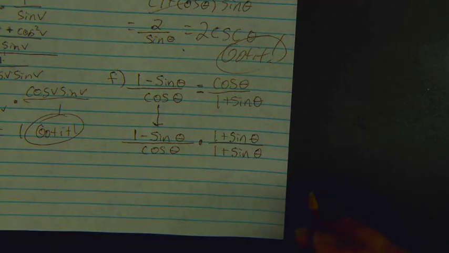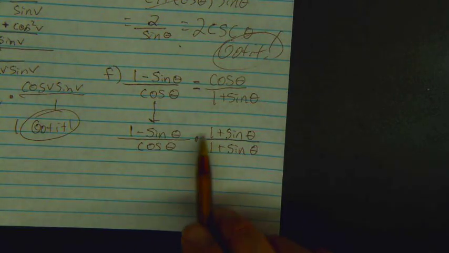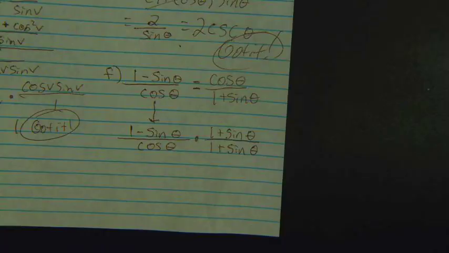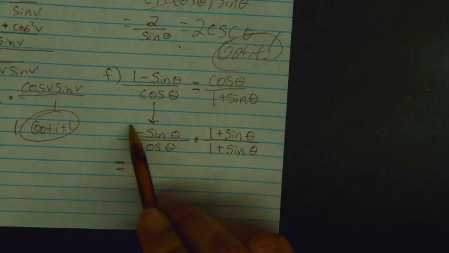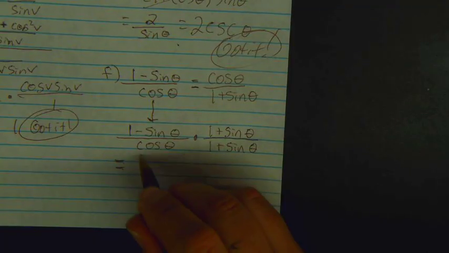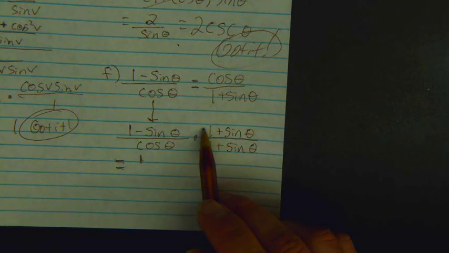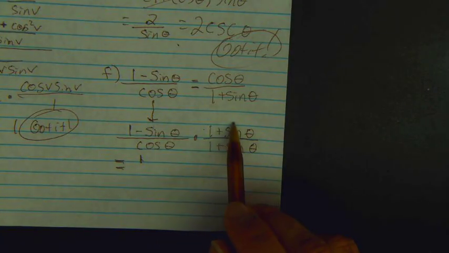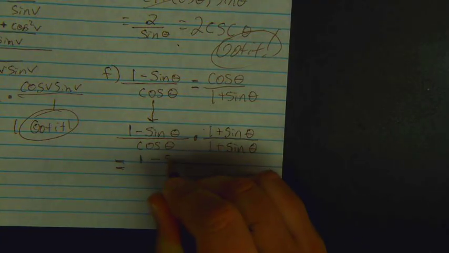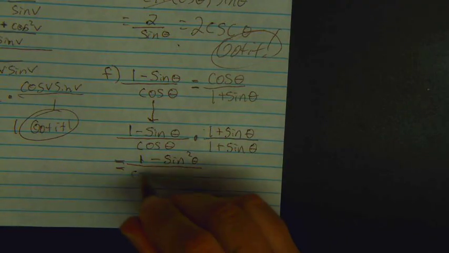Because 1 minus sine times 1 plus sine, if you FOIL that out, the middle parts will cancel, right? It'll be 1, plus sine and minus sine will cancel, so then it'll be minus sine squared. So it's 1 minus sine squared theta over cosine theta times 1 plus sine theta.